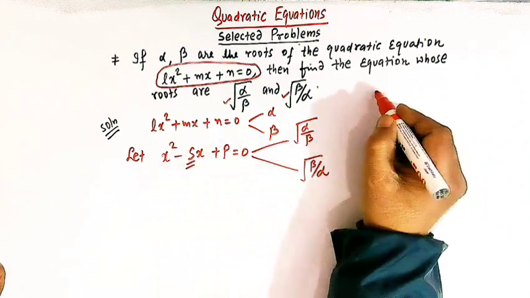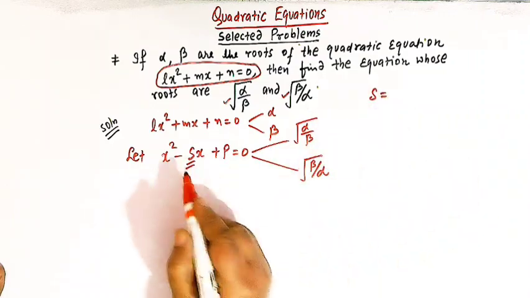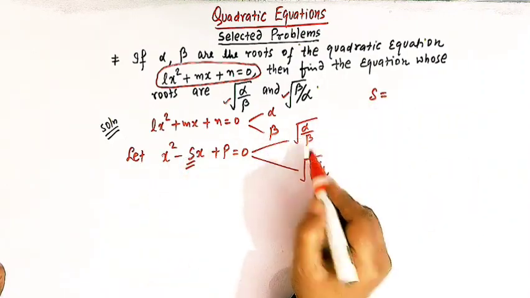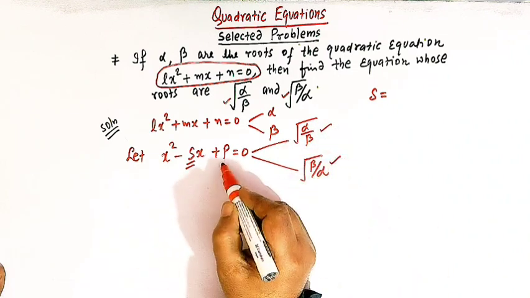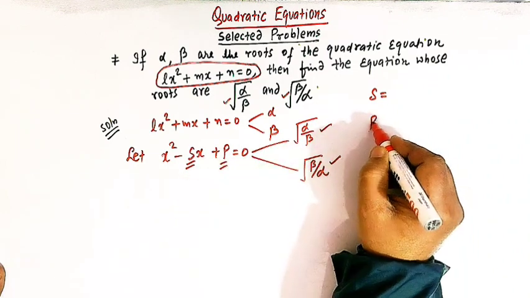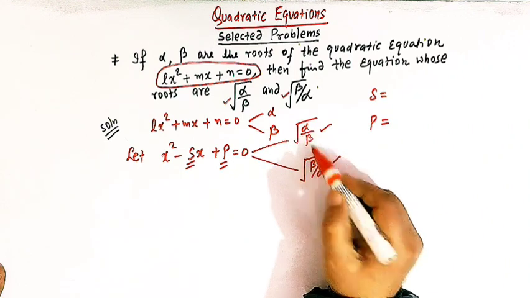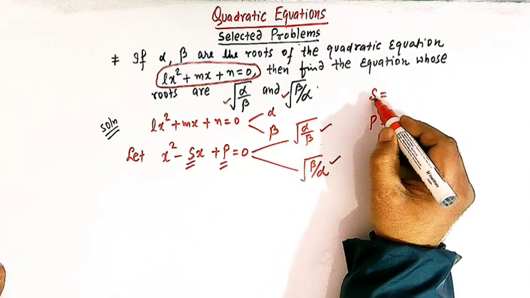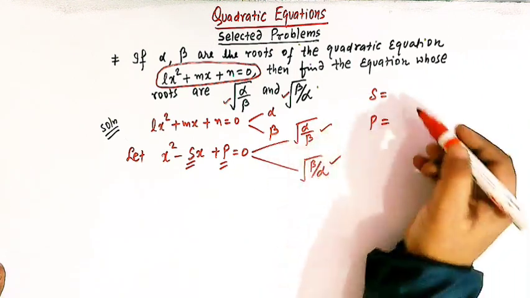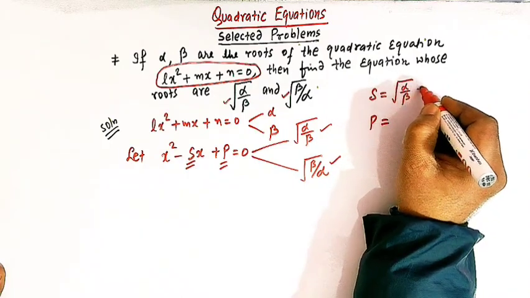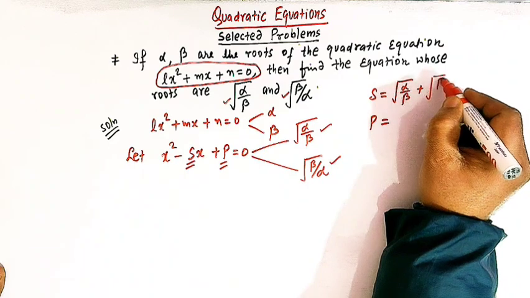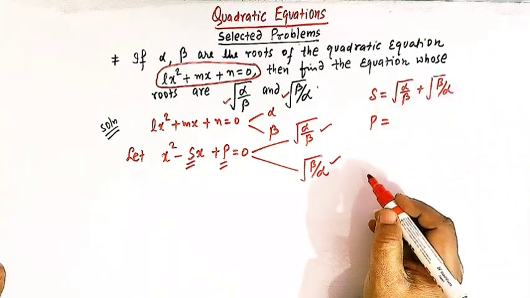Where this s again denotes the sum of its roots, and p is the product of these two roots. So s is the sum of these two numbers, so we have square root of alpha over beta plus square root of beta over alpha, right?